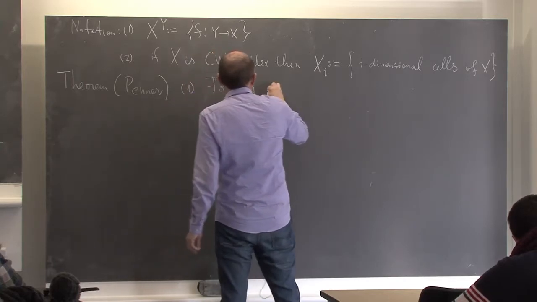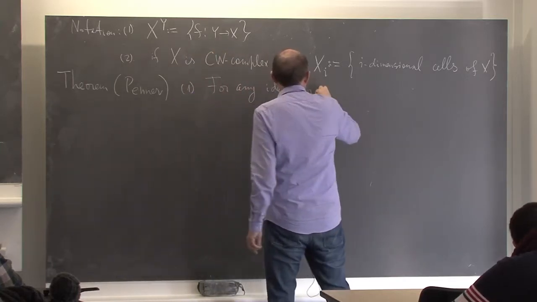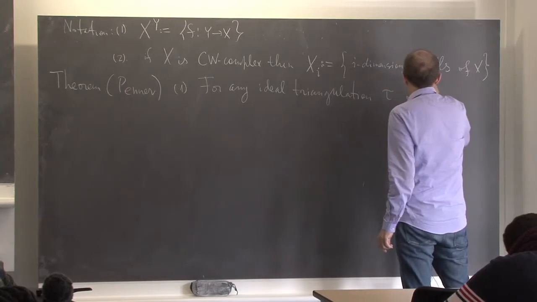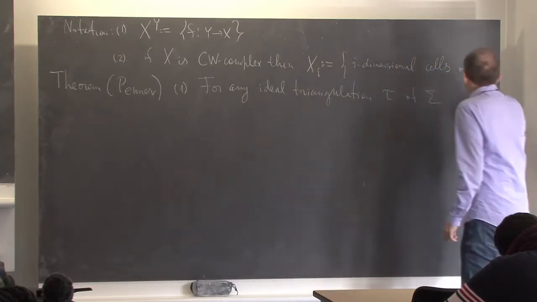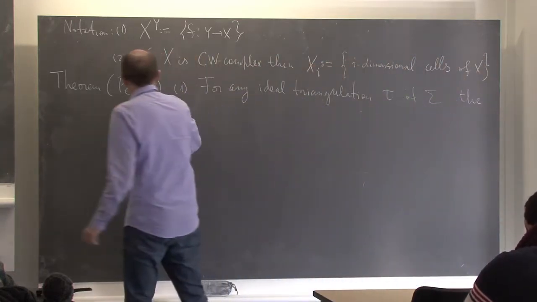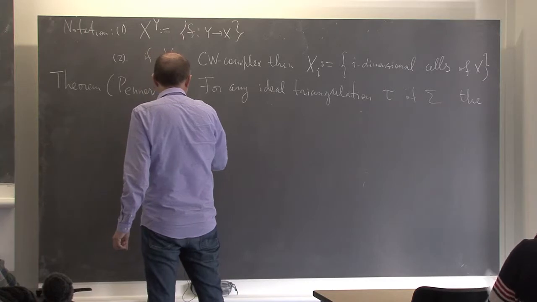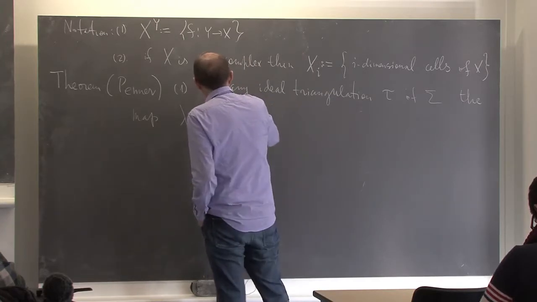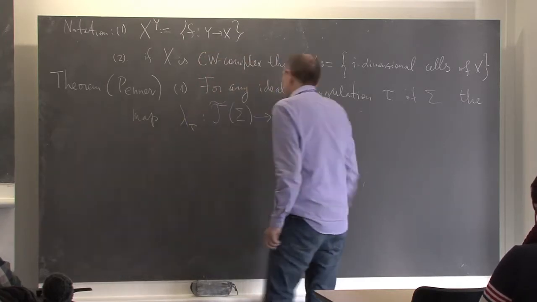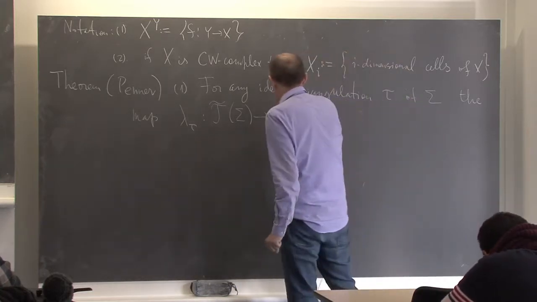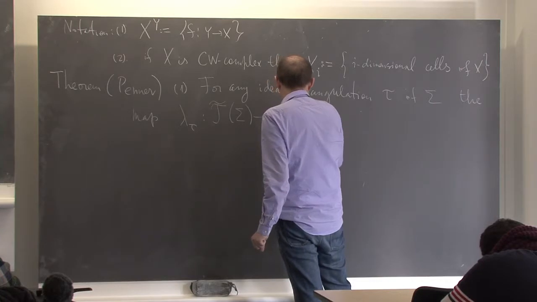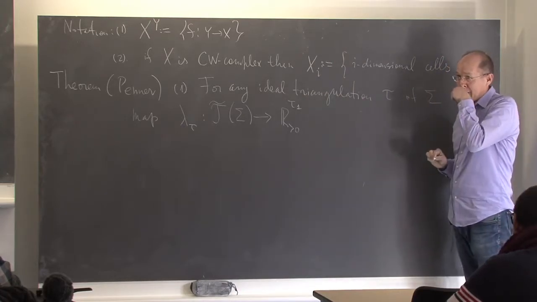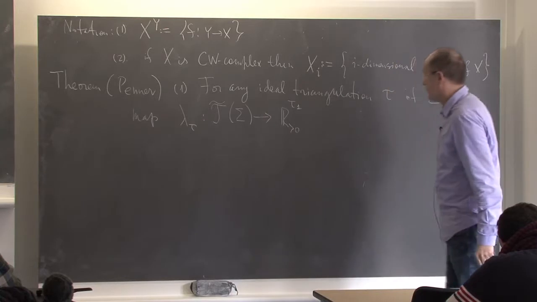For any ideal triangulation tau of sigma, the map lambda sub tau, which goes from decorated Teichmüller space to the set of maps from edges of the triangulation to positive real numbers.